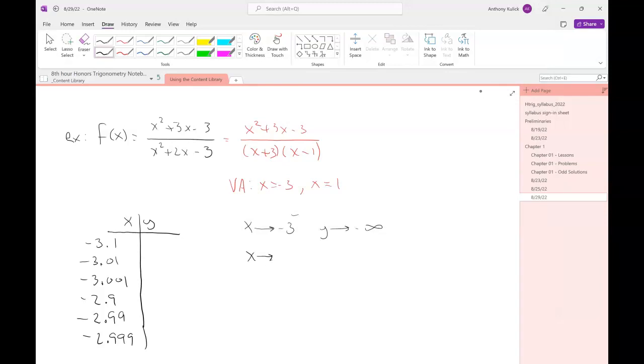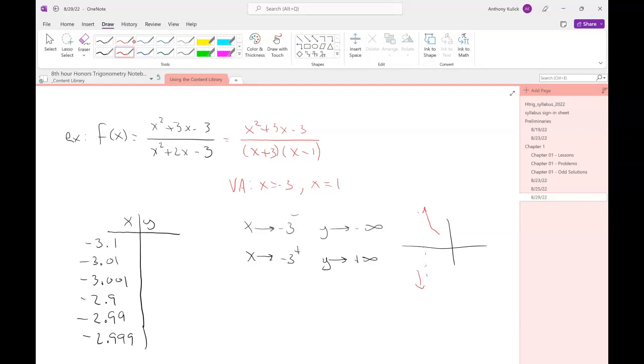So here it looks like as x approaches negative 3 from the right side, we're heading towards positive infinity. So that's what we're noticing here: at negative 3 from the left, the graph is going down, and from the right, it's heading up. Everybody kind of agree that's the evidence we're seeing from our table?